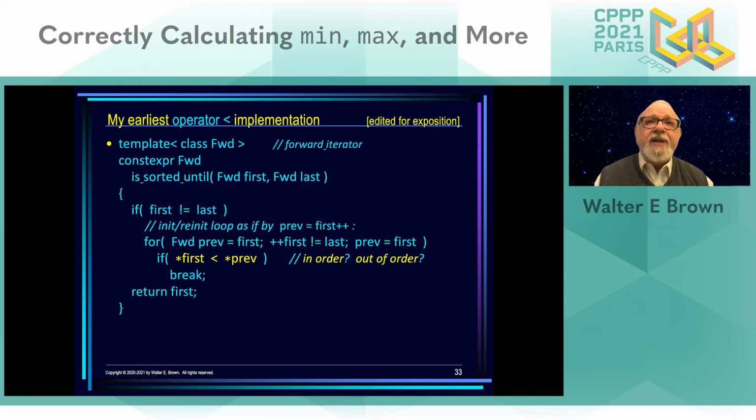One item, by definition, by itself is sorted. So we'll record that by saying previous equals first, initializing previous. Then we'll increment first. Notice this is as if I had said prev equals first plus plus. But I like to avoid post increment, as do most implementers of standard library algorithms, because there's an implicit copy whenever you do a post increment. So we strongly prefer pre-increments whenever possible.